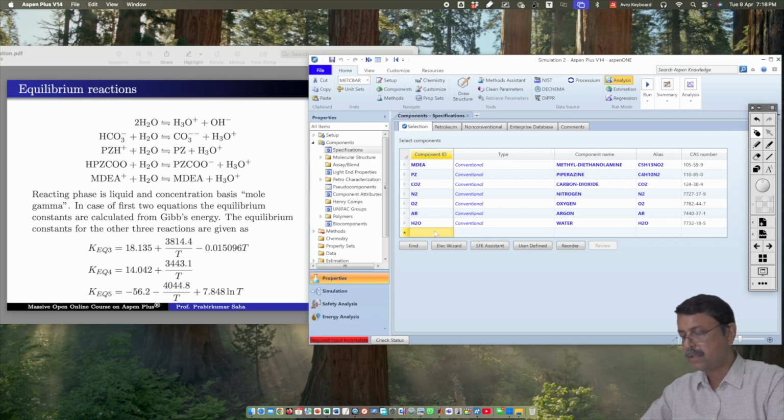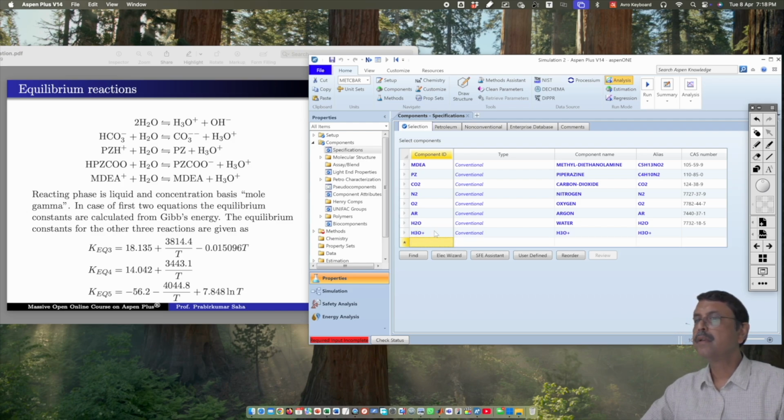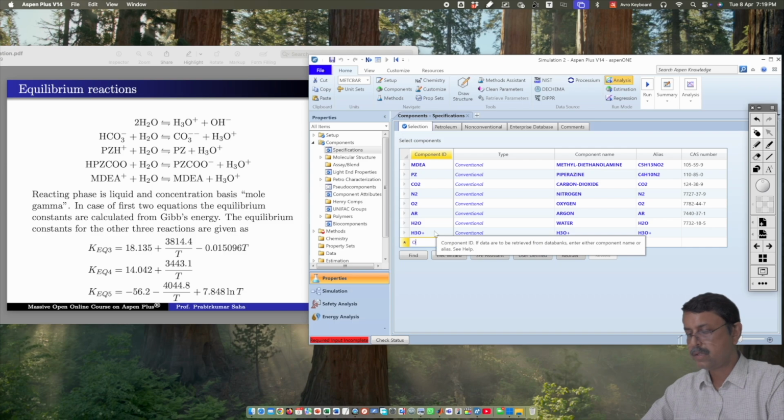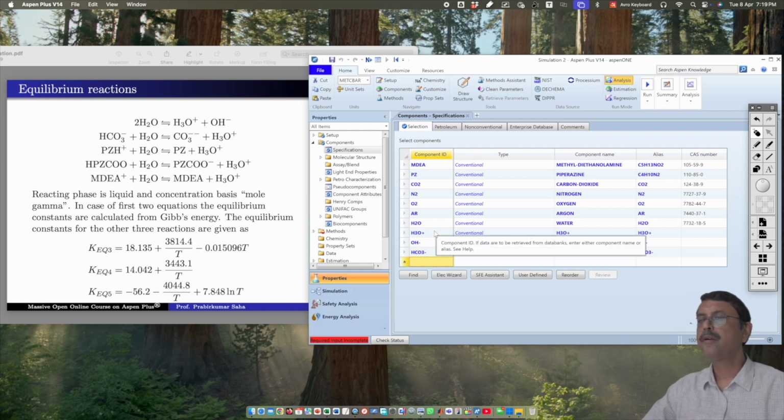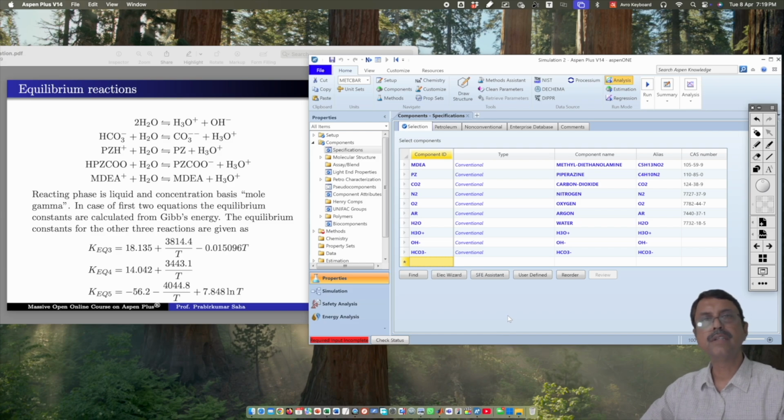So we'll have H3O plus. We will have OH minus, HCO3 minus. All of them are conventional ions.